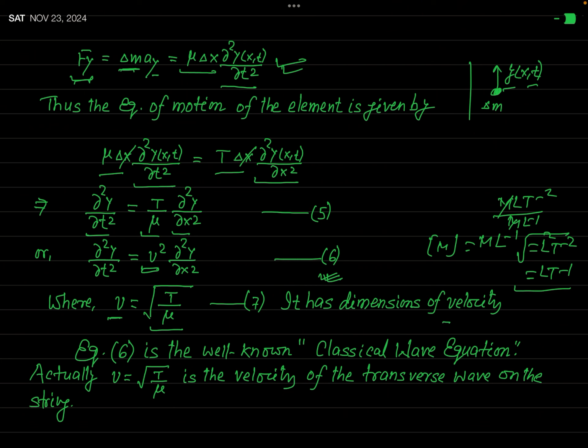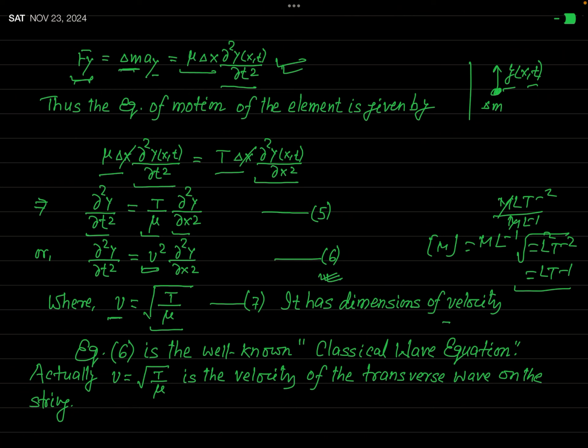Here our aim is not to discuss the wave aspect of this problem, but the result will remain the same. So here we will only treat this v as a constant factor, or a quantity whose dimension is equal to the dimension of velocity.